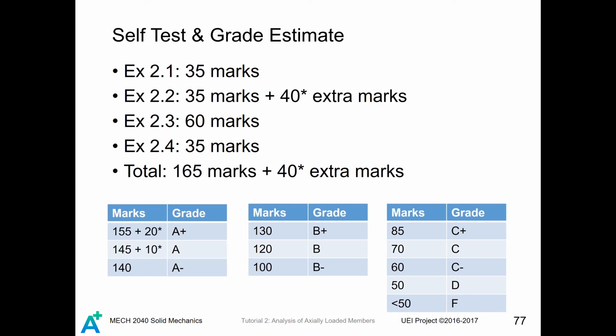In the tutorial video, I might discuss with you some techniques or methods of doing the problems. You can try to do those exercise problems yourself and estimate your final grade on this course. Notice that in this tutorial, there are 165 marks plus 40 extra marks.